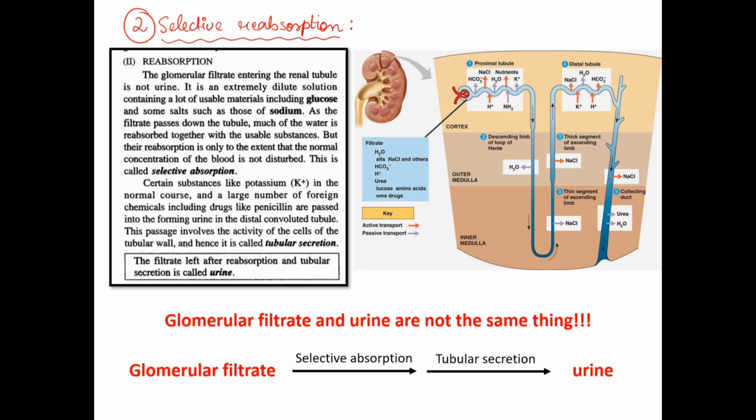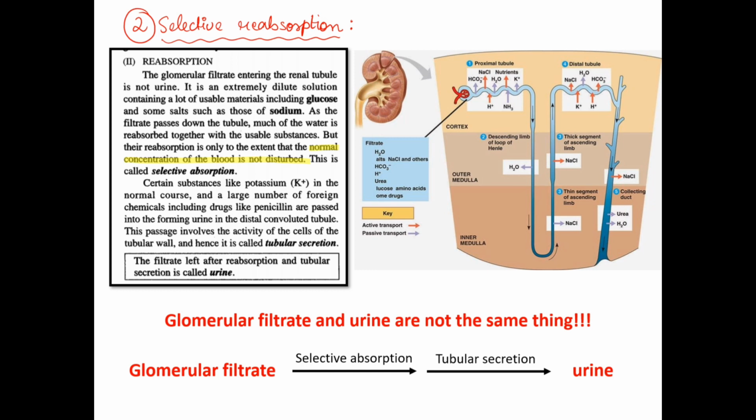What we have to keep in mind here is that this reabsorption occurs in such a manner that the normal concentration of the blood is not disturbed. The reabsorption needs to happen in such a way that the general concentration of the blood flowing in the body is not disrupted. This is what we call selective reabsorption.